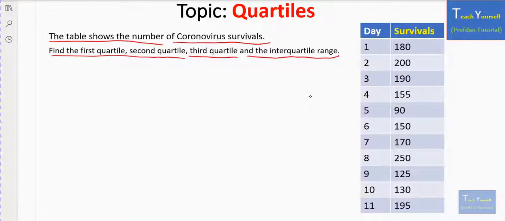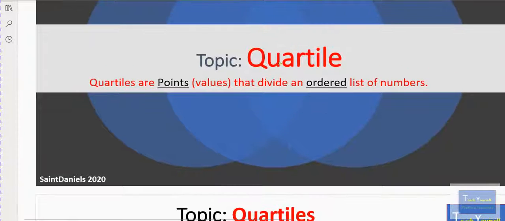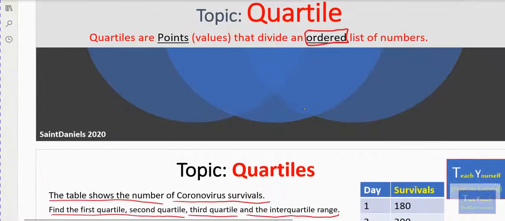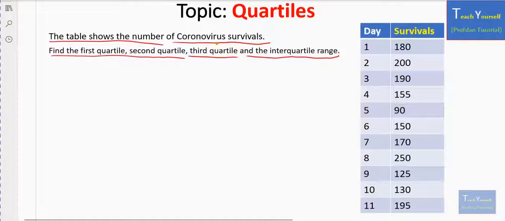If you recall the definition of quartile, which says points or values that are ordered by division, okay? So they are ordered. So the first thing is, in our focus table here, we are looking at the coronavirus survivors. So you first have to order the numbers. By order, it means in ascending order.